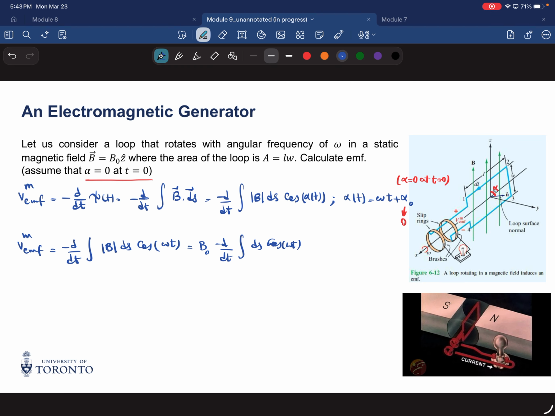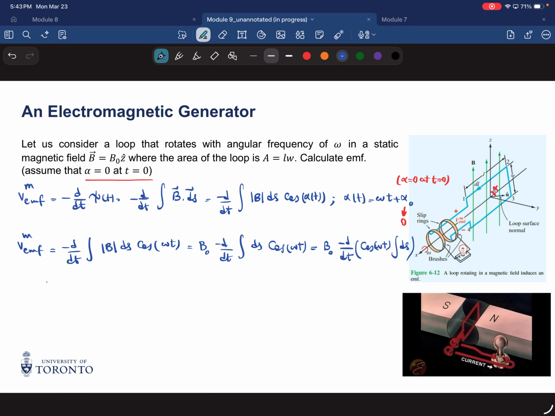Cosine omega t is not a function of the area, right? It's a constant over the area. So that can also come out of the integral, but not the time derivative. So this is going to be B naught minus d over dt of cosine omega t, times the integral of dS. The integral of dS is going to be the area of the loop, basically.